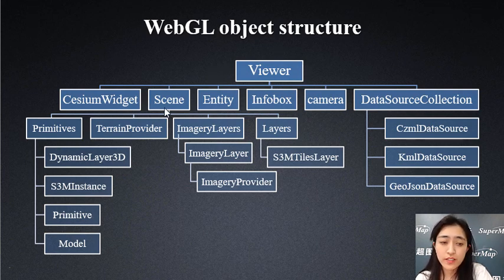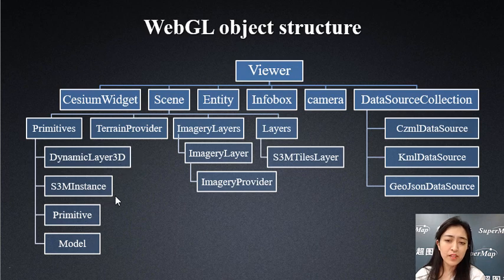First of all, there is a scene object that we often use, and based on the scene object, we can add the corresponding data. For example, primitives can add some models or S3M data, the geographic object dynamic layer.